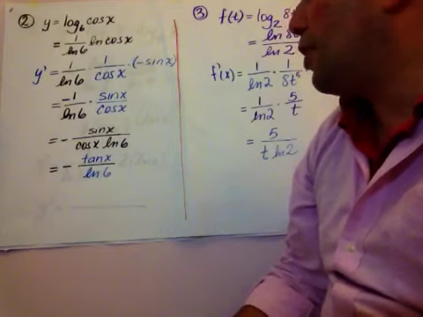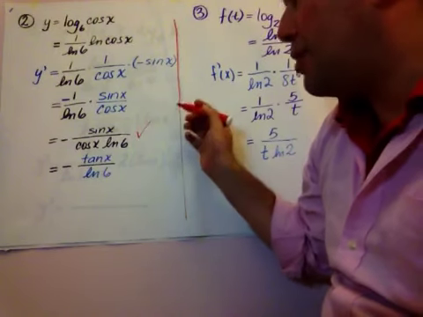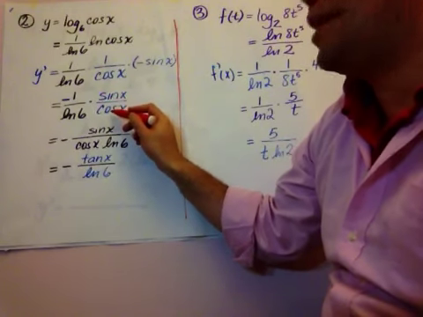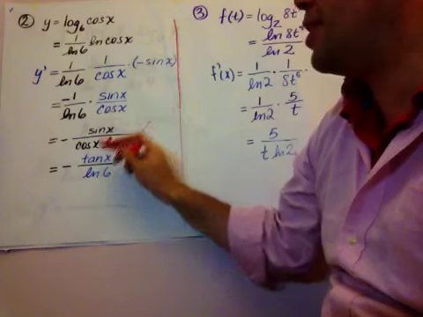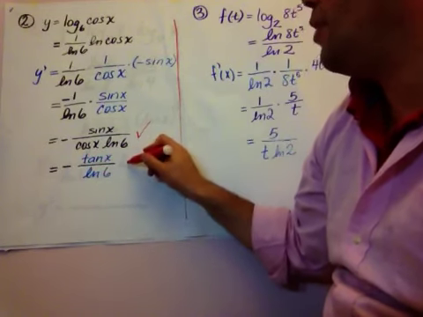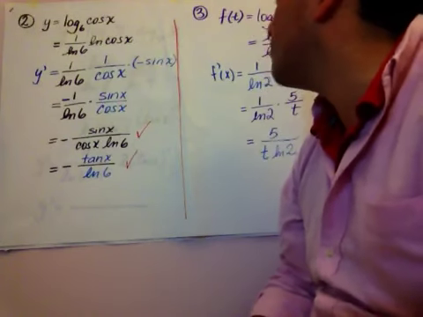Of course, this is an answer, and it's correct. We can also say sine over cosine is tangent. So we can say negative tangent of x over natural logarithm of 6, which is also correct. Both are acceptable.